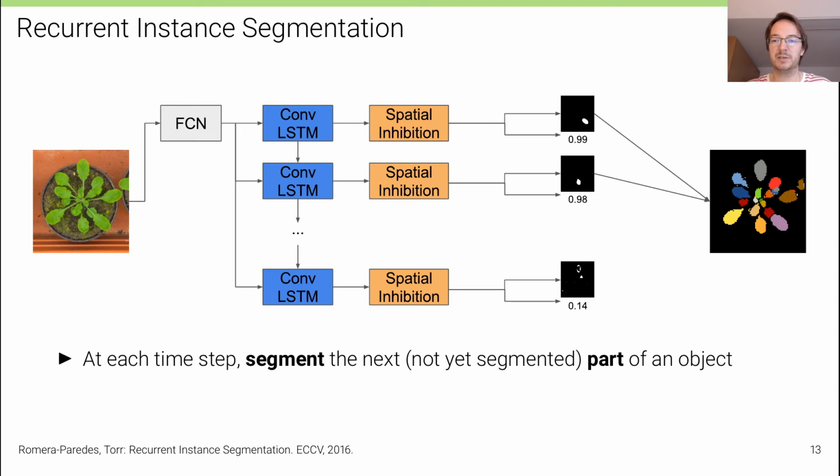In this example here on the right, this output from the model, you can see each time step colored with a different color. So each part is segmented at a different time step. And then the union of the segmentation is fed back into the model at the next time step in order for the model to know what has already been segmented and what has not been segmented yet.